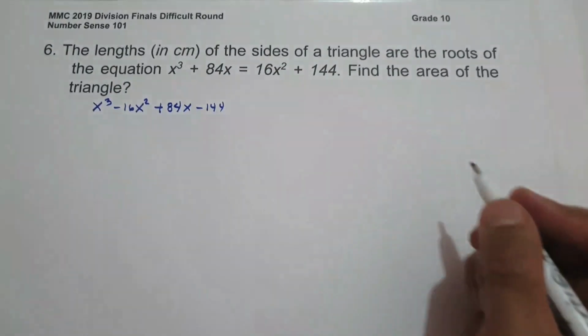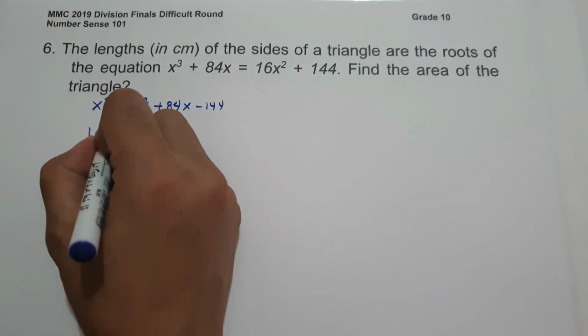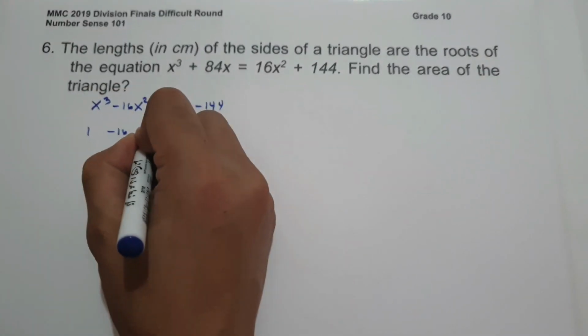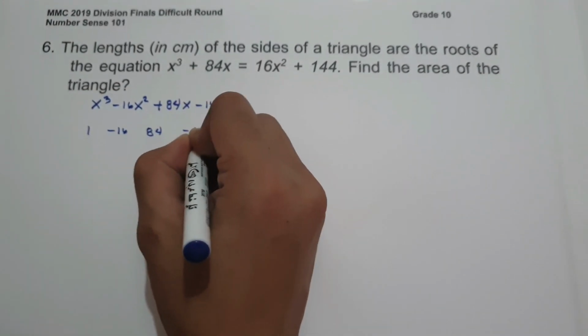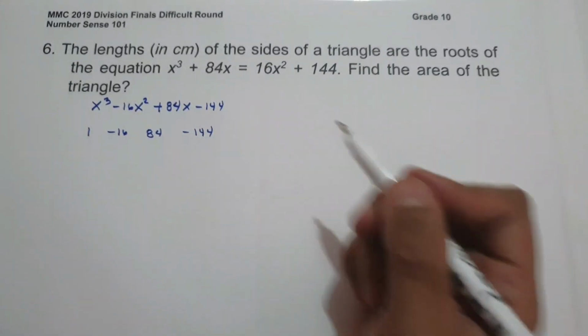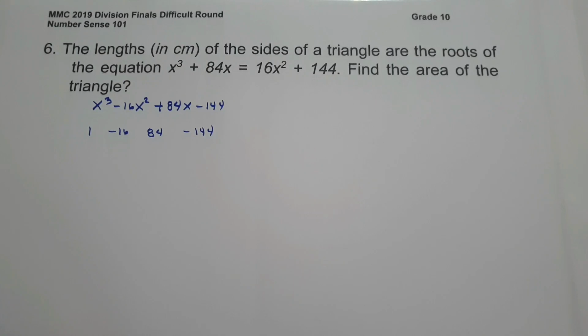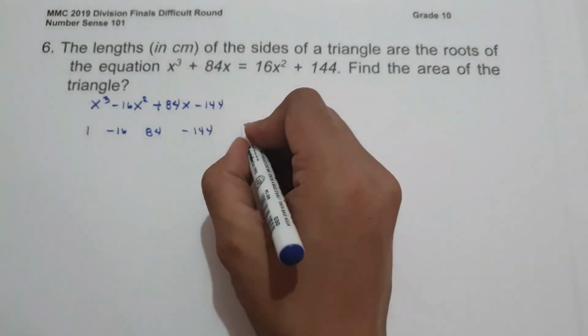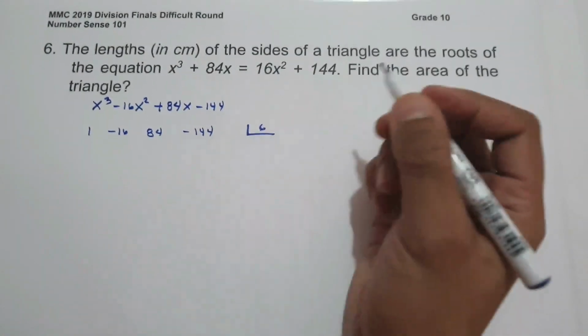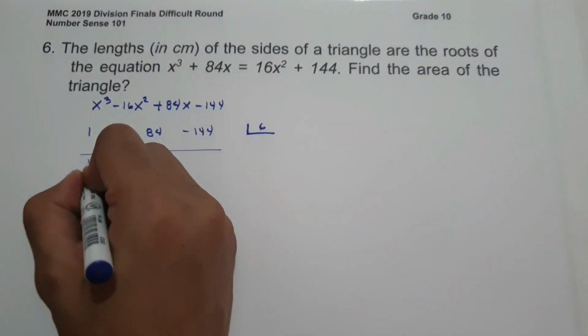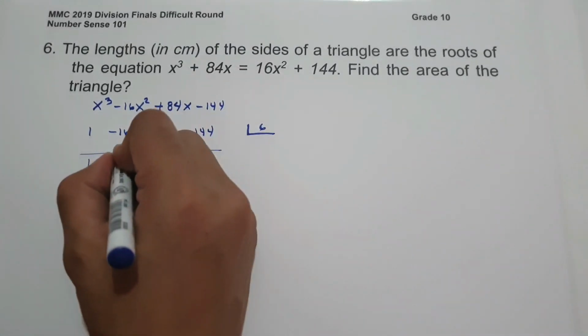And let us use synthetic division. So this will be 1, negative 16, 84, and negative 144. So the possible factors of this one can be positive or negative 12, positive or negative 6, positive or negative 24, positive and negative 2, etc. So let me use positive 6. So this will be 1. 1 times 6, that is 6.